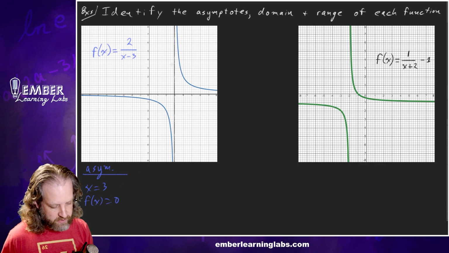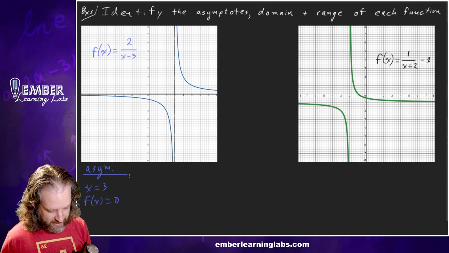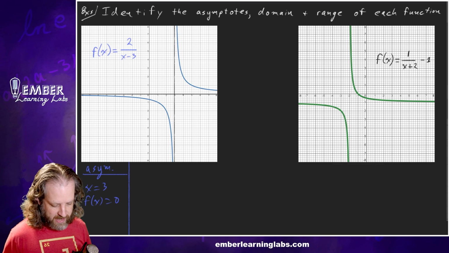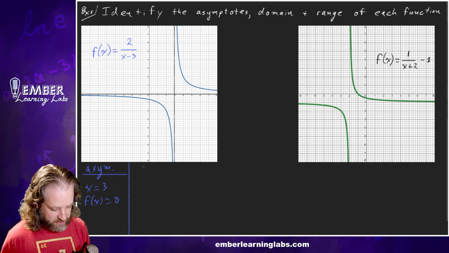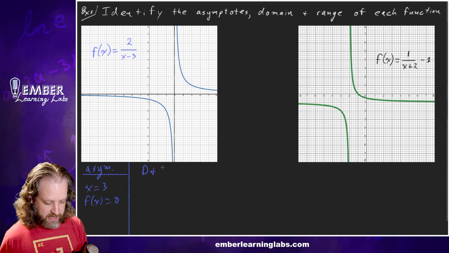So x equals 3 is this vertical one, and the other one is this horizontal one. So there are the asymptotes, which means the domain and range, and we're going to just list these together because they're actually the same.